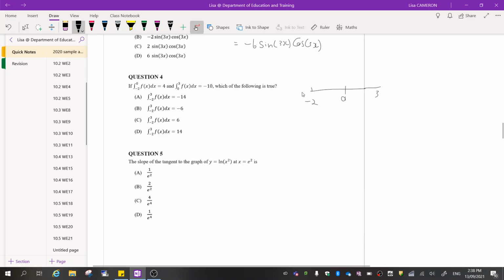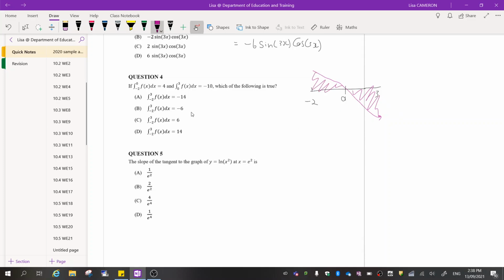My graph is going to look something like this. I've drawn it going the wrong way. So this side between 0 and 2 is going to be positive 4, and then down here is going to be negative 10. So it's like that.